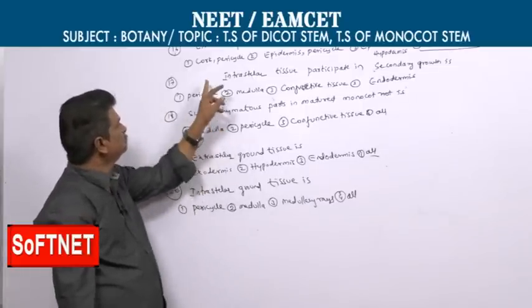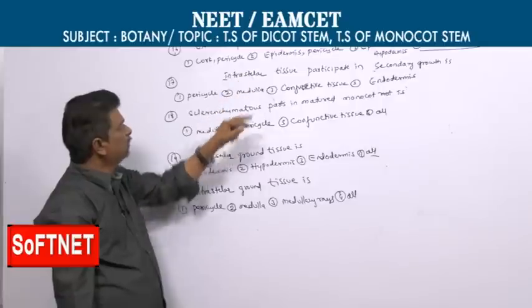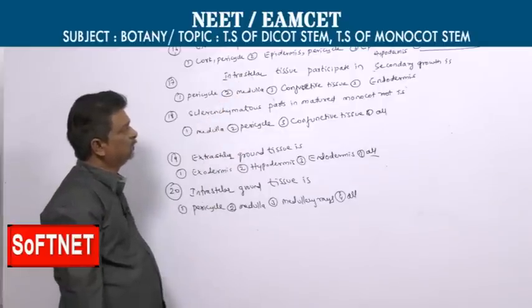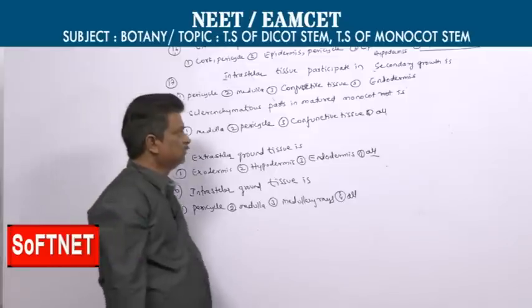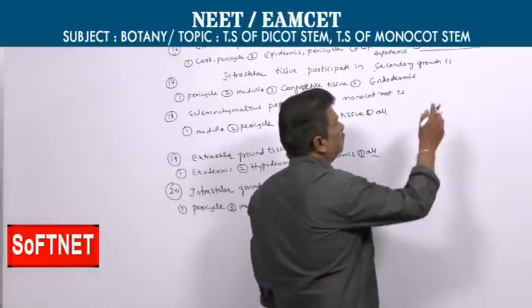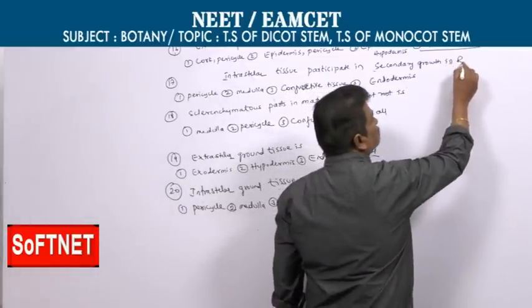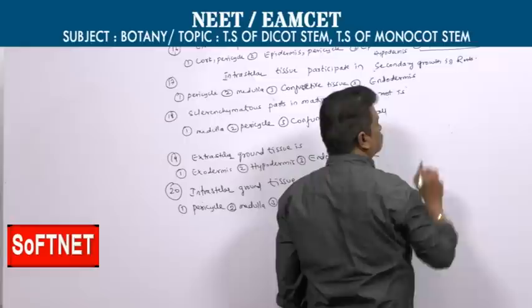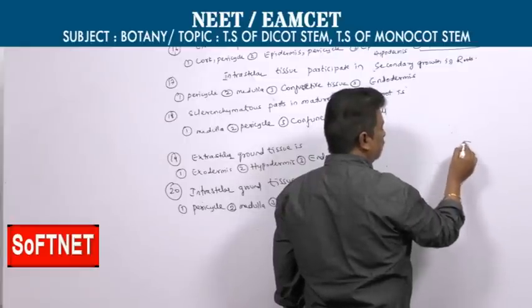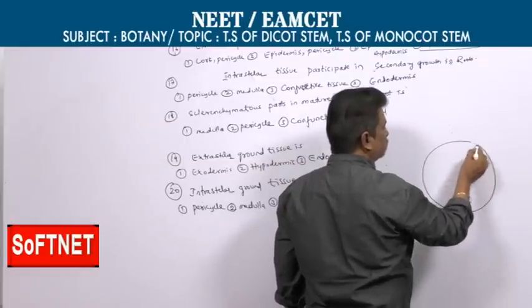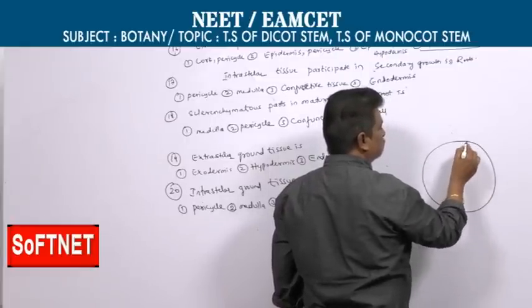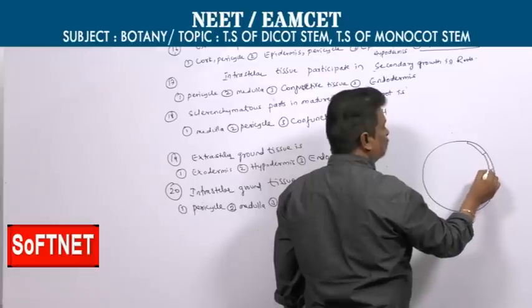Next question: intrastellar tissue participating in secondary growth. Secondary growth in roots. Generally, secondary growth among roots is common in dicot root.